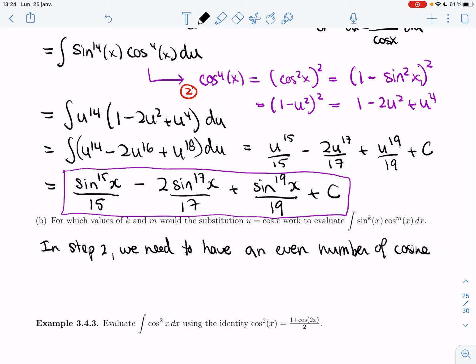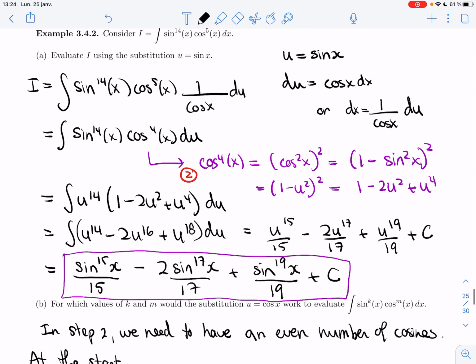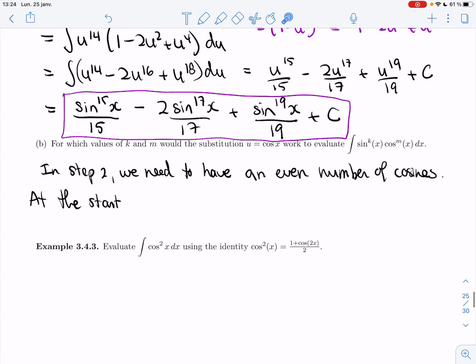And so at the start, I had one more, right? Because this one killed 1, so 5 turned into 4. So at the start, we need an odd number of cosines. So I need m to be odd.